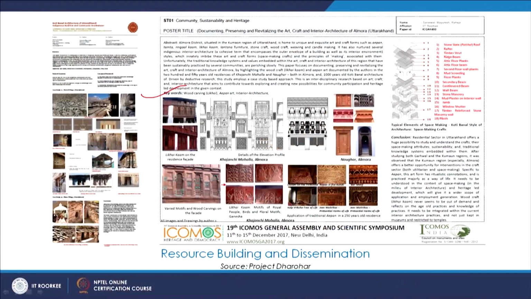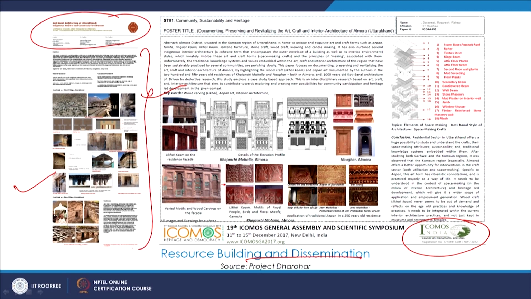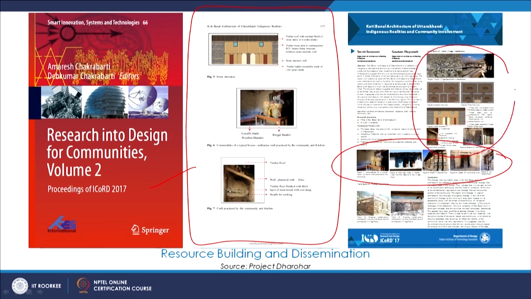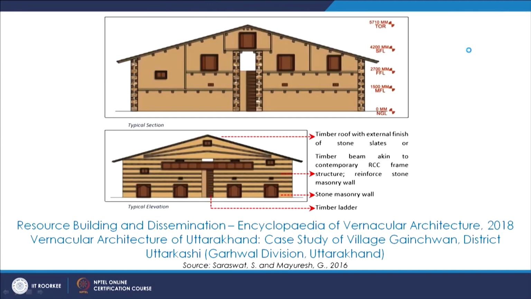And yeah, so some publications, this was for ICOMOS, and then this is another conference, South Asian Vernacular Architecture, where the work from Uttarakhand was presented. And again, some books where the chapter contribution has happened, and again we are talking about the building craft of Uttarakhand. So this is how we are trying to disseminate.